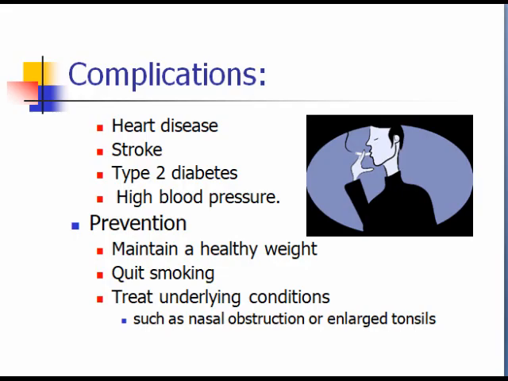And so what we want to do to prevent all of that is maintain a healthy weight, lose that extra weight that may be aiding in closing off the airway, quit smoking, treat the underlying conditions such as nasal obstructions or enlarged tonsils.